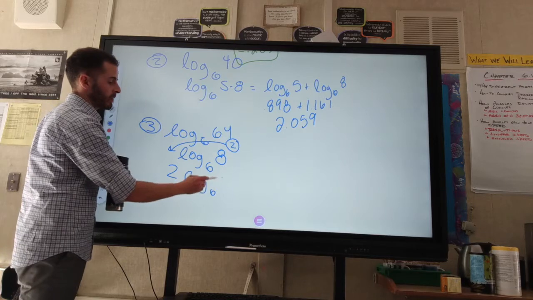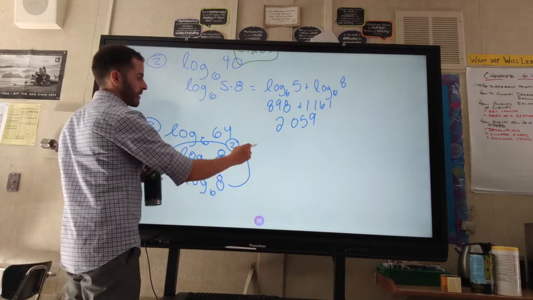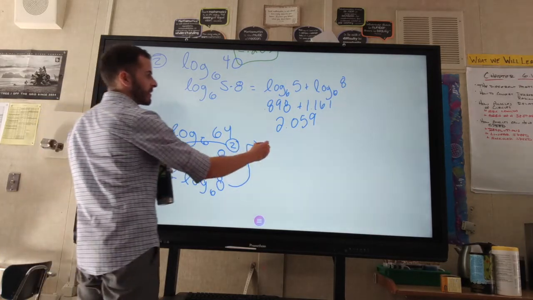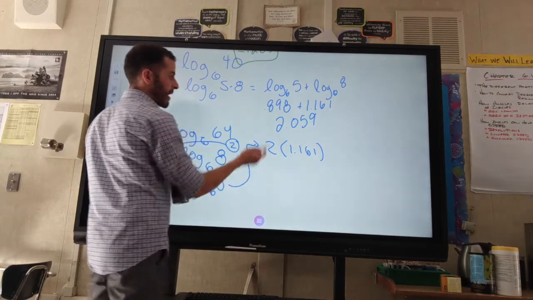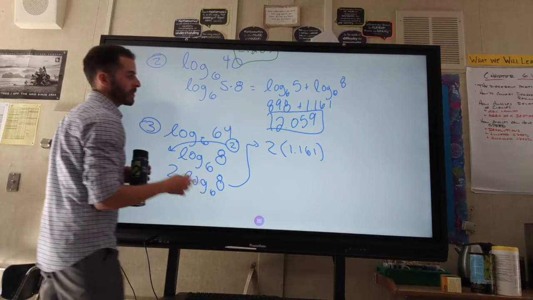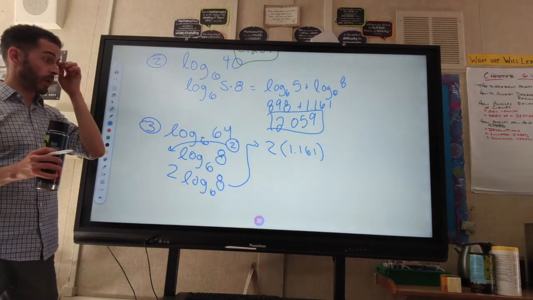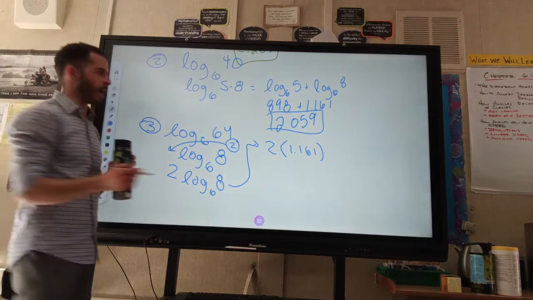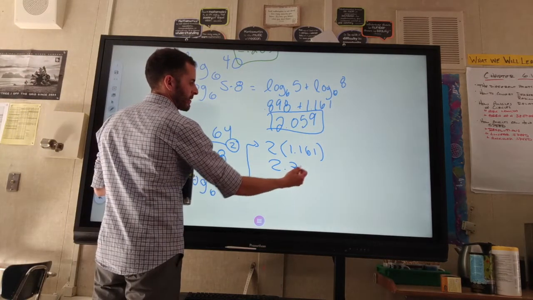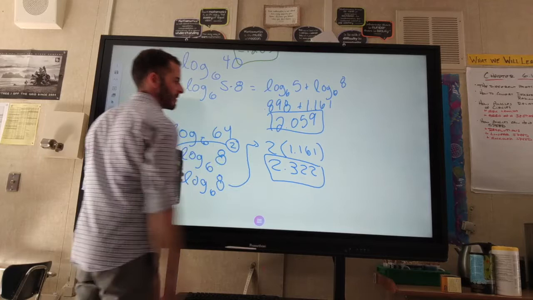And the book already told me that log base 6 of 8 is 1.161. So my answer for number 3 is going to be 2.322. Are you kidding me? Wow. I can't believe I did that in my head.